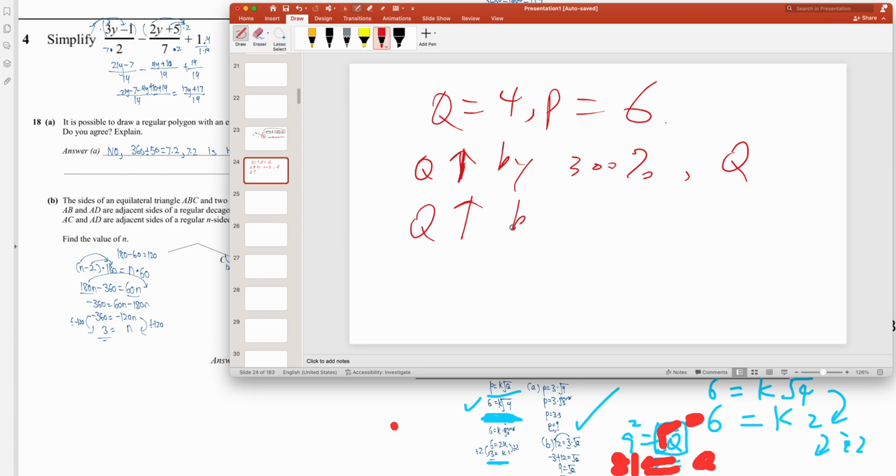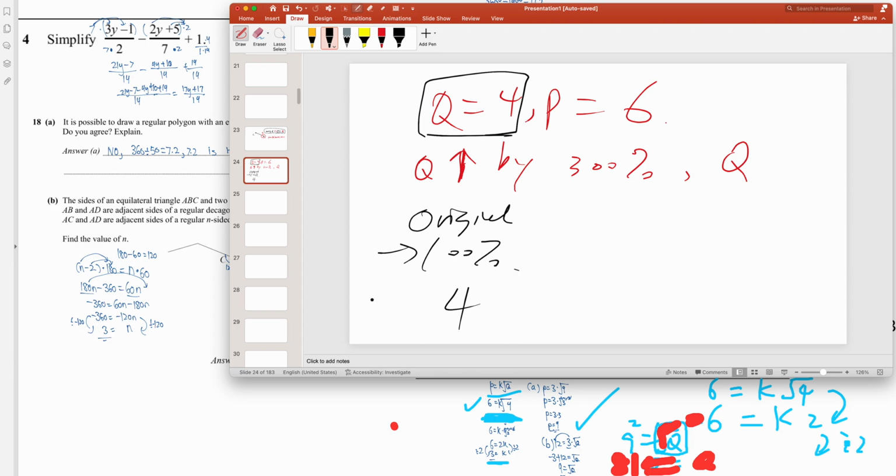Q increase by. This is the original and the what? Original is 100%, right? Which is 4, right? In this case it's 4. Original is 100%, and it's 4.